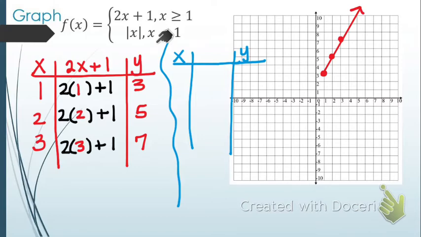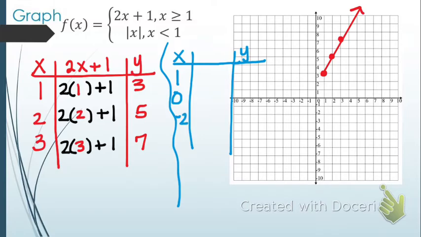Even though this is not equal to 1, you still have to graph that point, except it's an open point. So you still need to start your x values at 1. Even though it's not included, we still have to include it in our table. Now let's pick numbers less than 1. So let's do 0. Let's do -2.